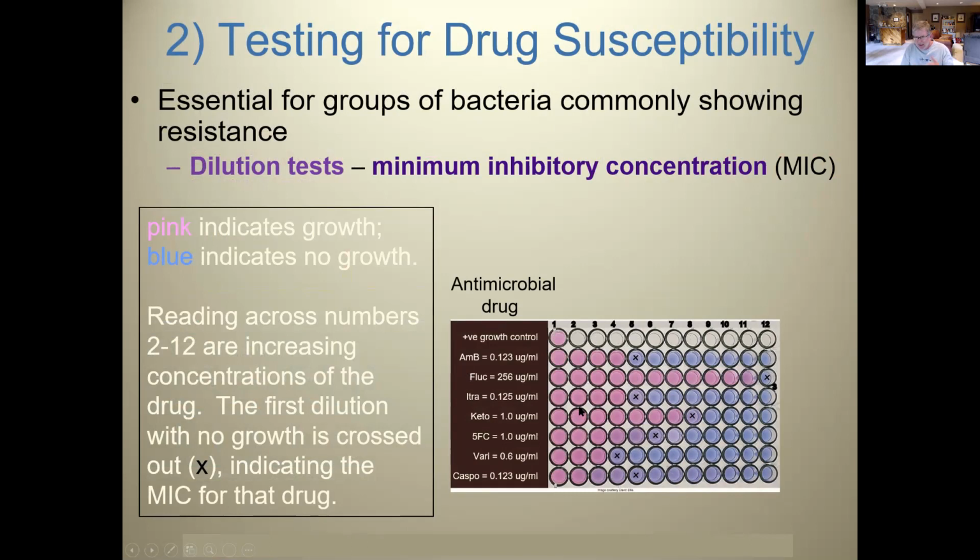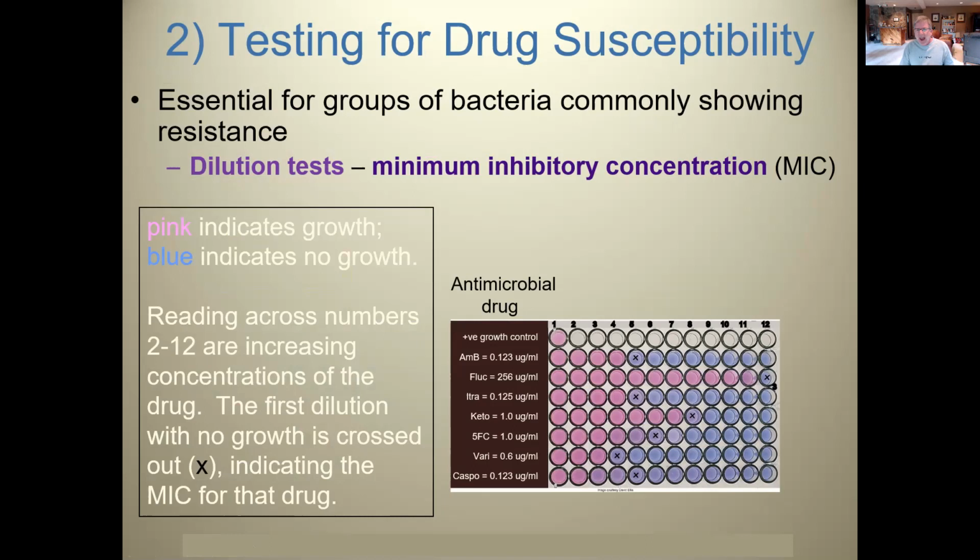Okay, so you get this system, you probably buy it at some supply company. It's already been impregnated, if you will, with these various antibiotics and various dosages, and then you simply inoculate these. Probably an automated system would do this with a small concentration of an E. coli broth. And then this would go in the incubator for probably 24 hours.